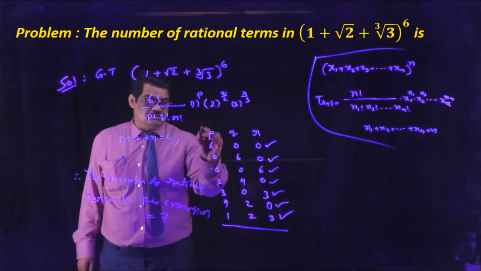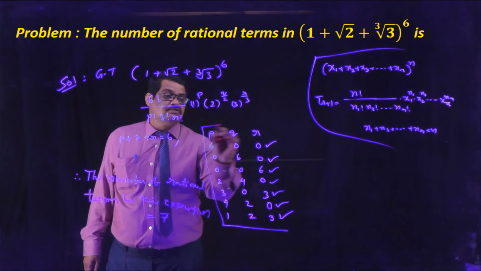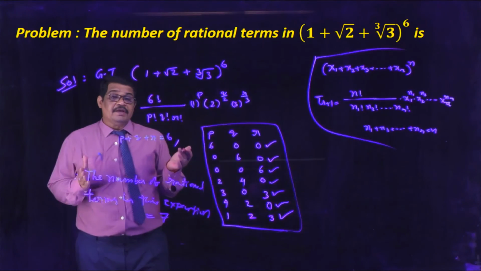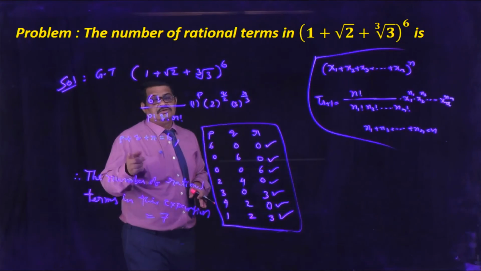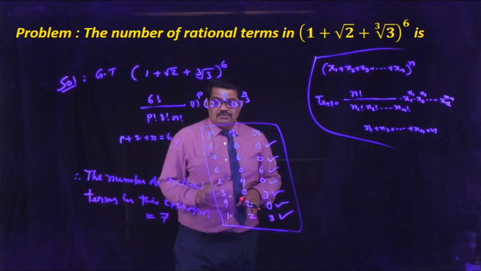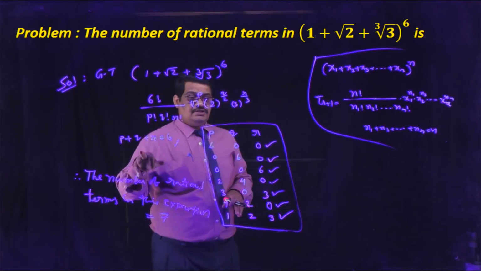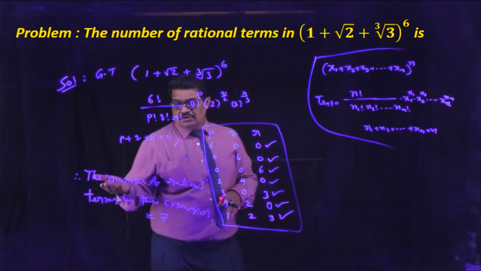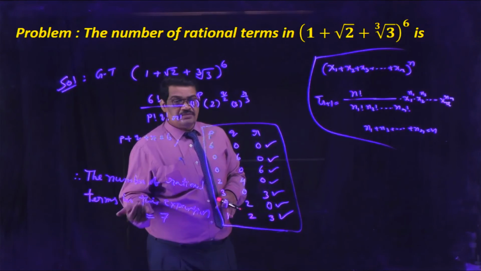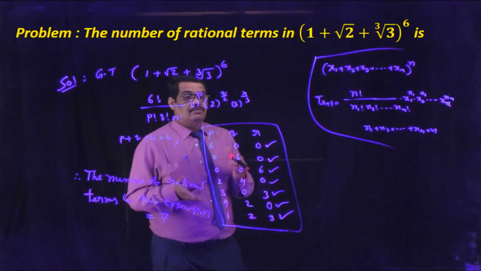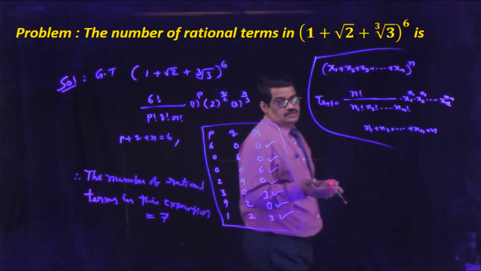These are 7 chances where the powers must be integers and also satisfy p plus q plus r is equal to 6. So the number of chances for satisfying these two conditions is only 7. So the total number of rational terms in that expansion is 7. So the number of rational terms is 7.